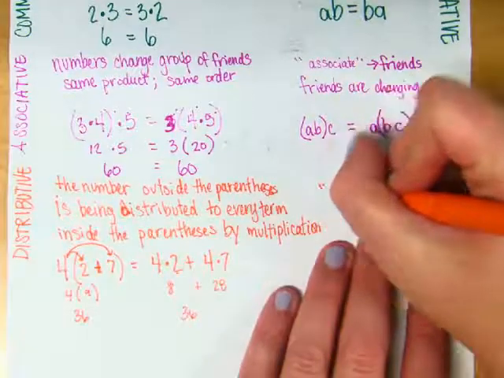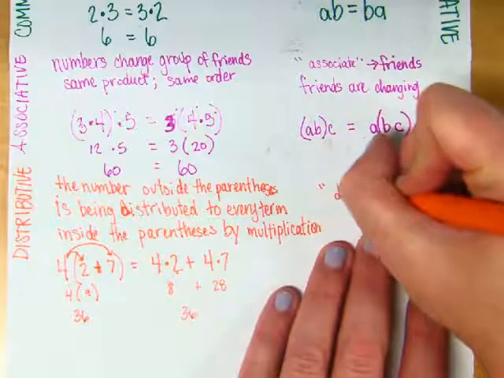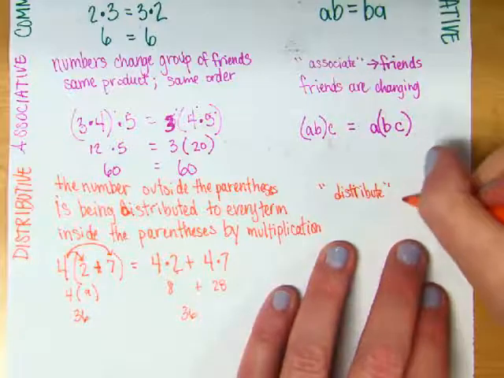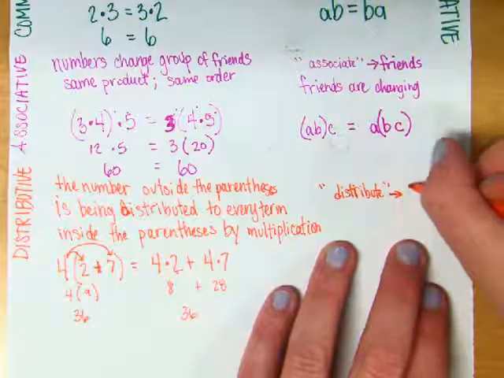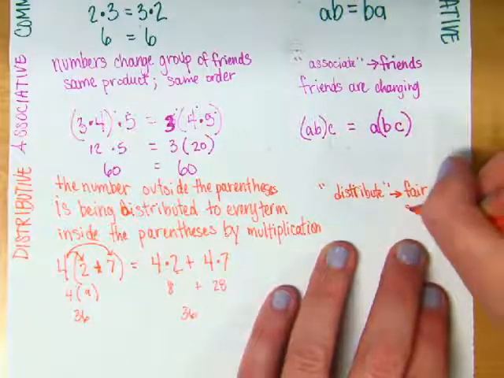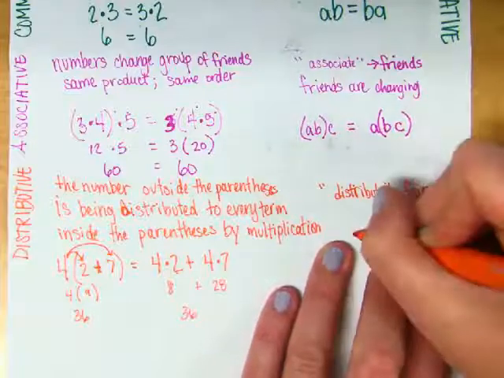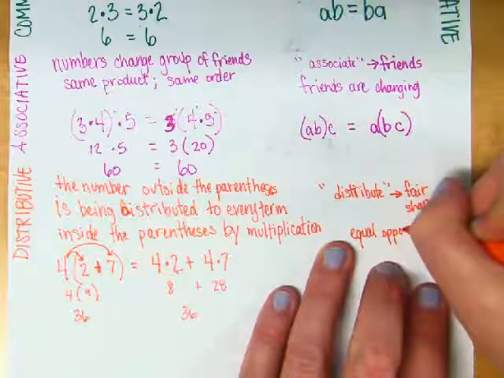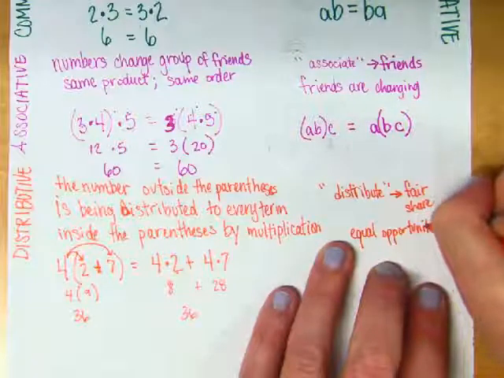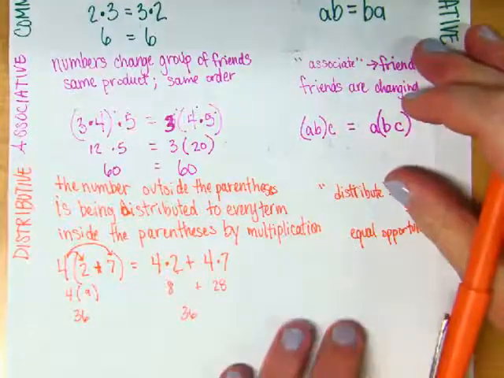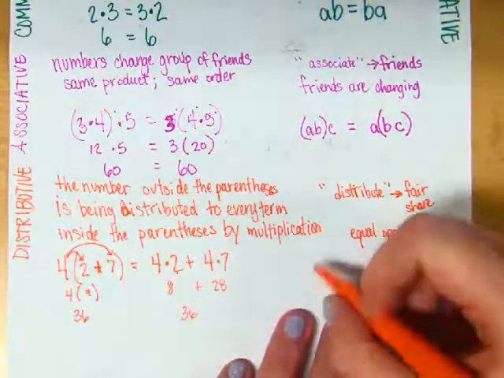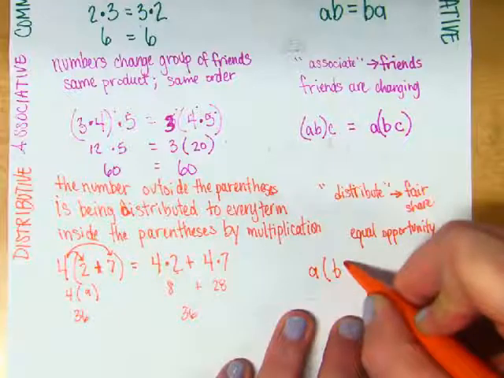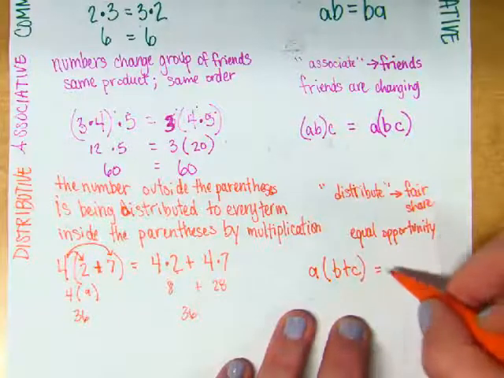So the root word here is distribute. And I like to say that everybody's getting their fair share, or we're equal opportunity here. And what that looks like with letters, with variables.